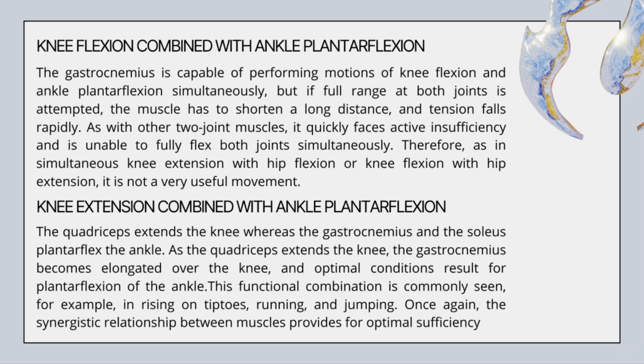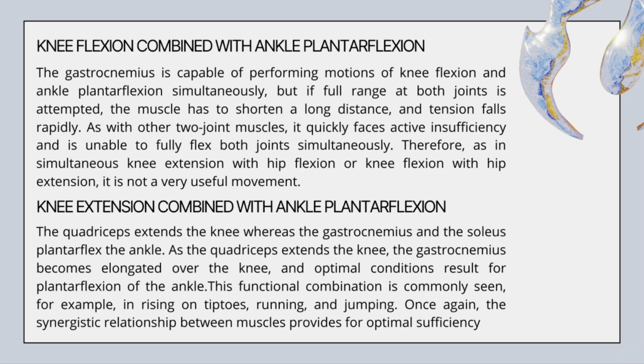The gastro is capable of performing motions of knee flexion and ankle plantar flexion simultaneously, but if full range of both joints is attempted, the muscle has to shorten a long distance and tension falls rapidly.